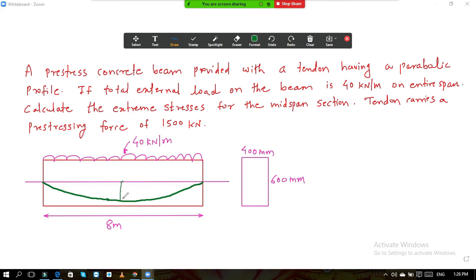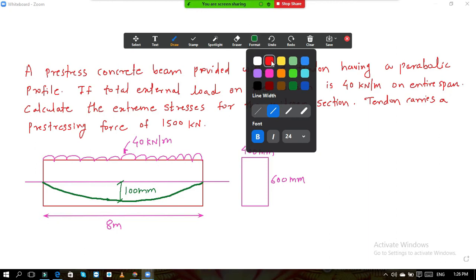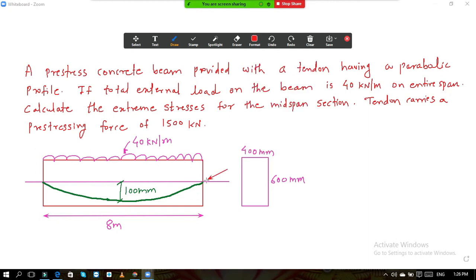So this eccentricity from the center is 100 mm, and the pre-stressing force is also given to us. Pre-stressing force at these points, how much is it? It is 1500 kilonewton. This is the pre-stressing force.